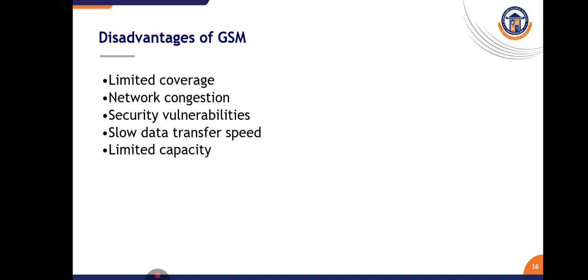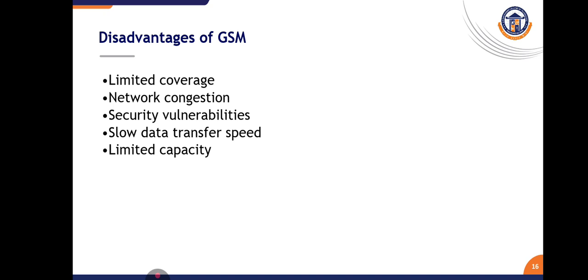Disadvantages: limited coverage, which can make it difficult for the user to make calls or access the internet, and network congestion, because of dropped calls and poor quality, congested during the peak hours.